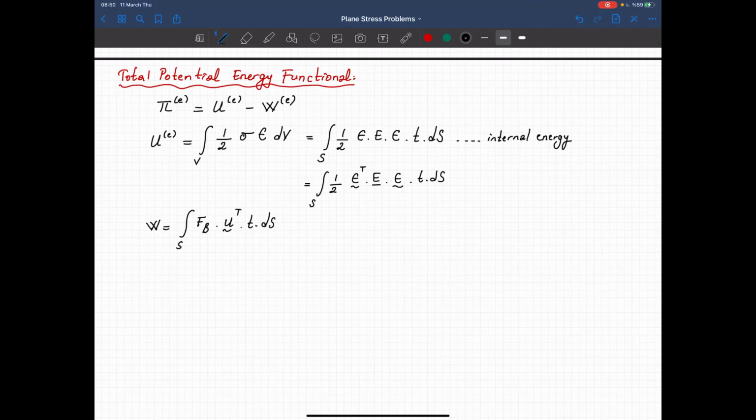So if we have a body force plus if we have a surface force or the boundary force, that's the way we will calculate it. t times dS, and that will give me the external energy.